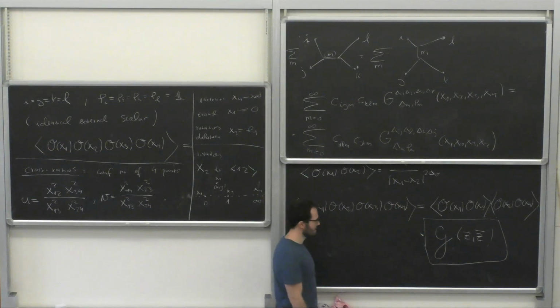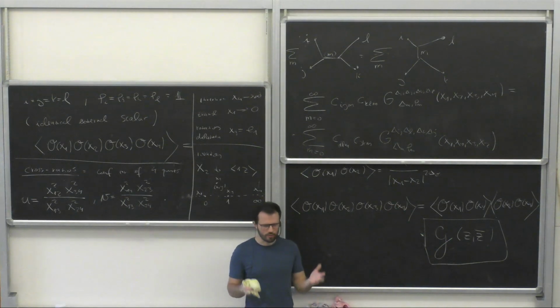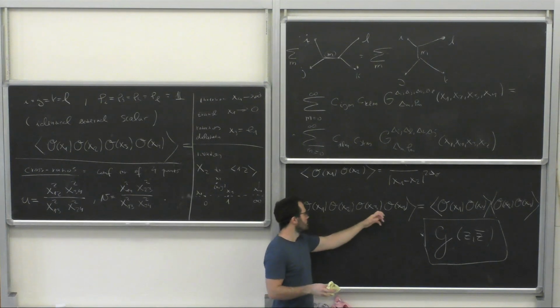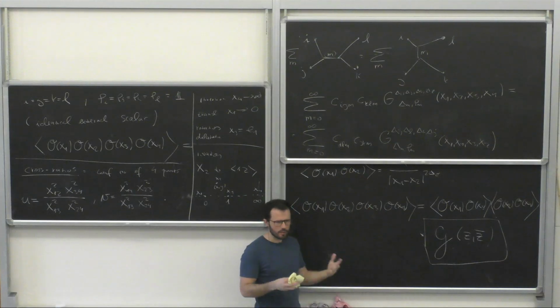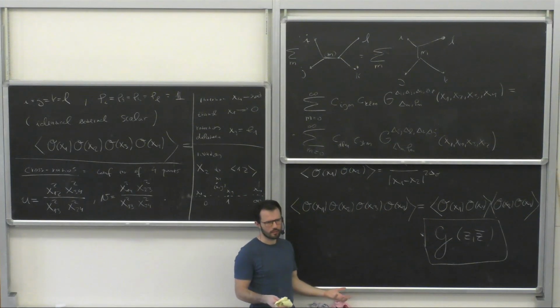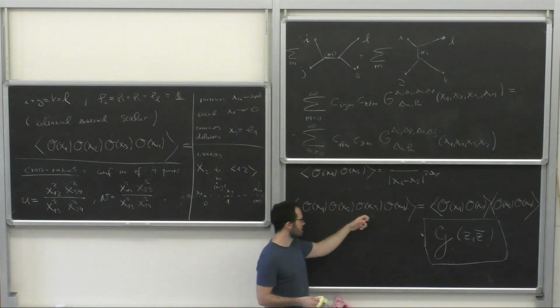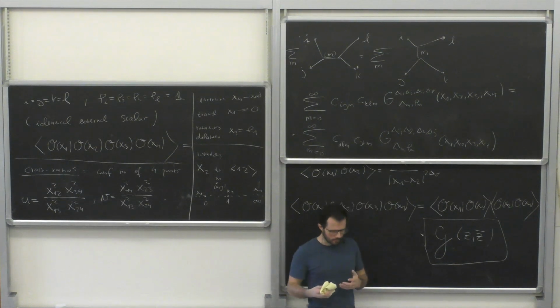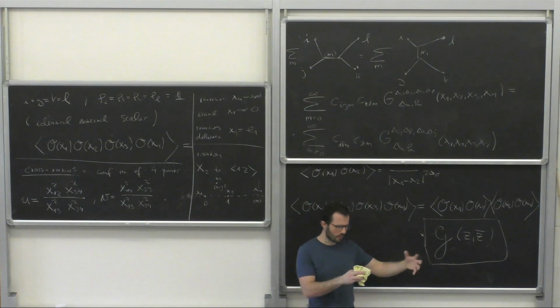I'm just saying if you take a ratio of a four-point function and two two-point functions built out of the two pairs of points, then the ratio has to be conformal invariant, because the conformal transformation of each operator is kind of independent of all of the other operators.